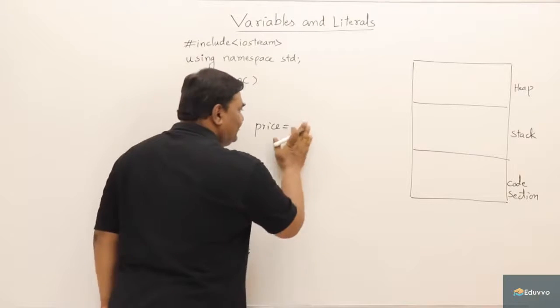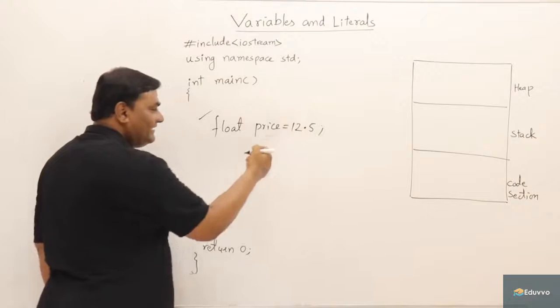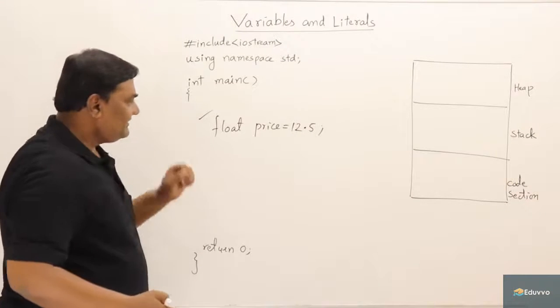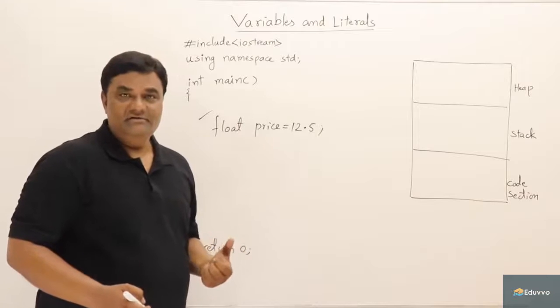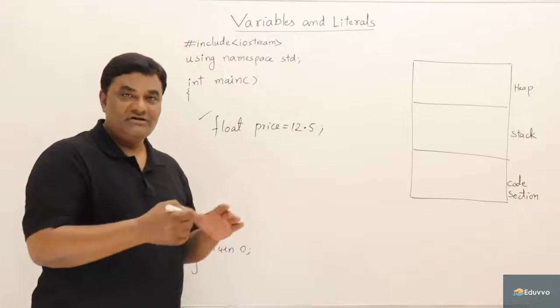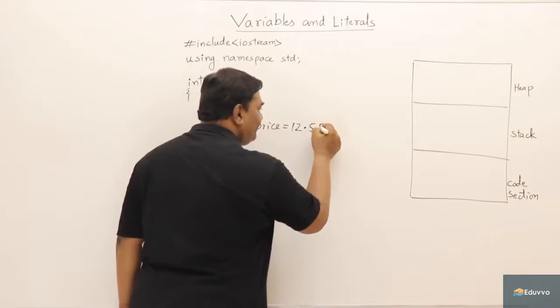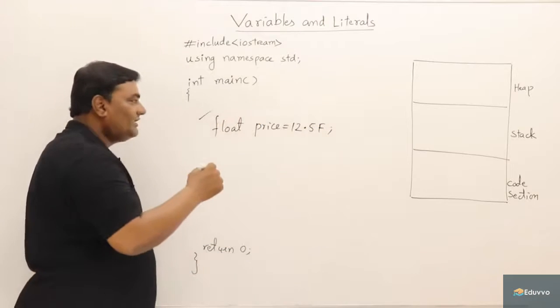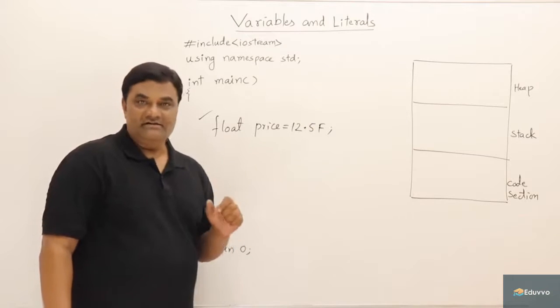But if I want to write a float value like 12.5, yes, I can assign it like this. But one thing, by default, this value is double, because it can be float also, double also. So it's better you write F after this one. So 12.5F will be a proper float literal.